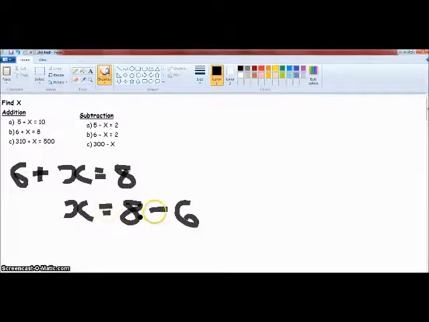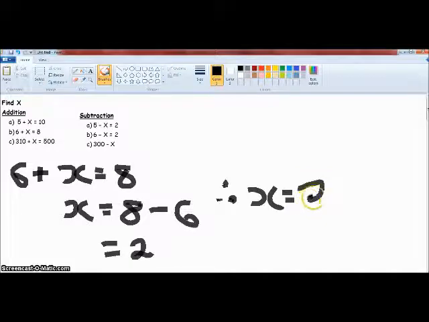So x equals 8 minus 6, and 8 minus 6 is 2. Therefore x equals 2. And you can prove this. If x is 2, it will be 6 plus 2 equals 8, because 6 plus 2 is 7, 8. So this is correct.